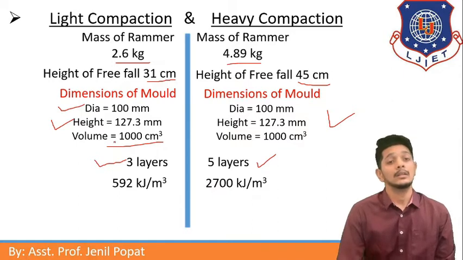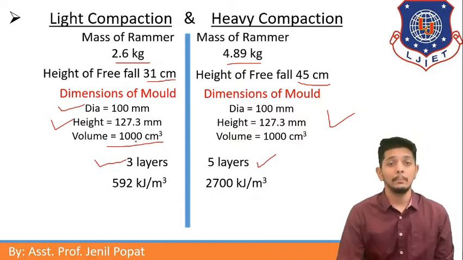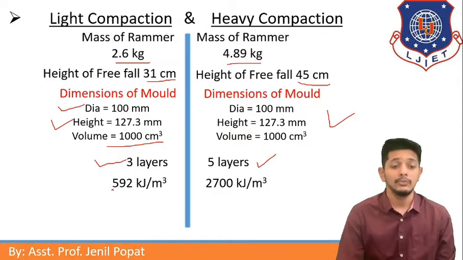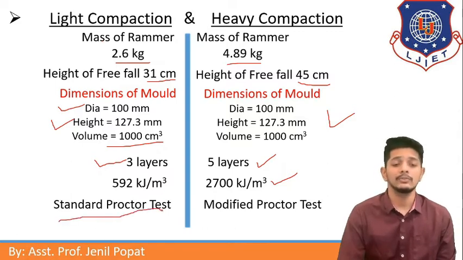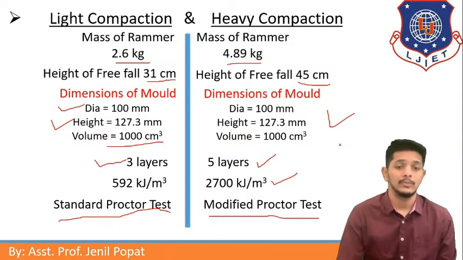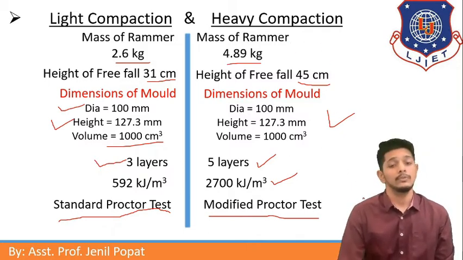After that, the total energy of compaction, or compactive effort, in light compaction is around 592 kJ/m³, whereas in heavy compaction it is much higher, 2700 kJ/m³. For light compaction, the standard Proctor test which we have just seen is used, whereas for heavy compaction the modified Proctor test is used, in which these details should be there. Let us move further.